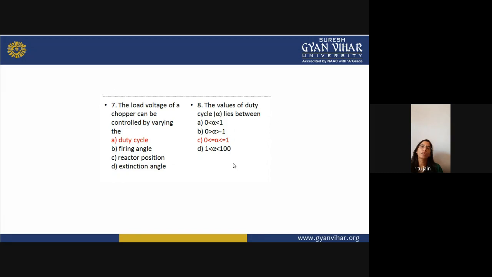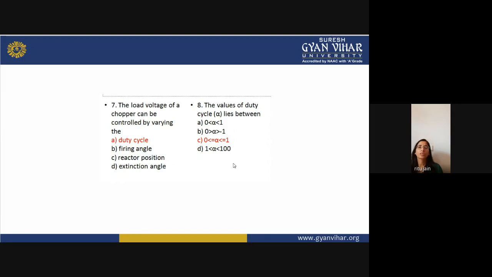We have already discussed that the load voltage of the chopper can be easily controlled by your duty cycle, which is denoted by alpha or small d, the ratio of turn on time upon the total time. So T on upon capital T is your duty cycle, which is responsible for your output voltage in a chopper.